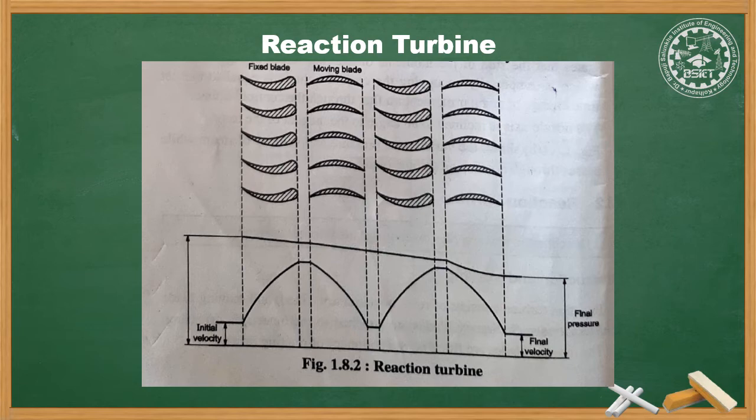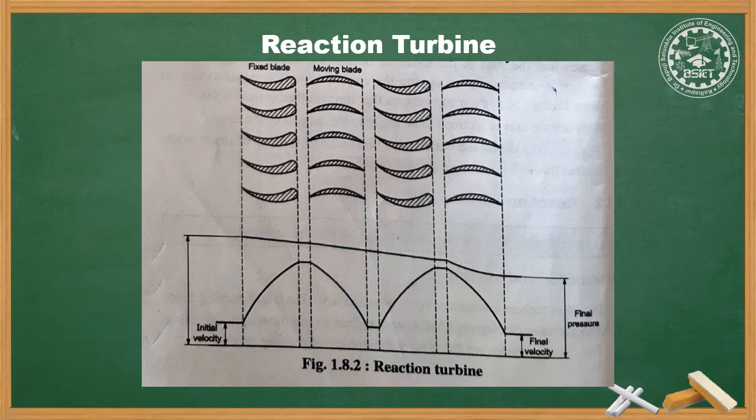The passages through the moving blades of reaction turbine are made convergent so that steam expands as it passes through the moving blade. This expansion causes the steam to leave the moving blade at higher velocity than at which it entered.